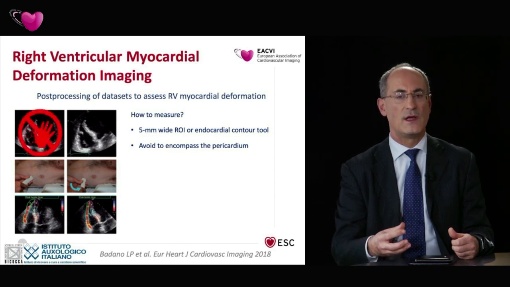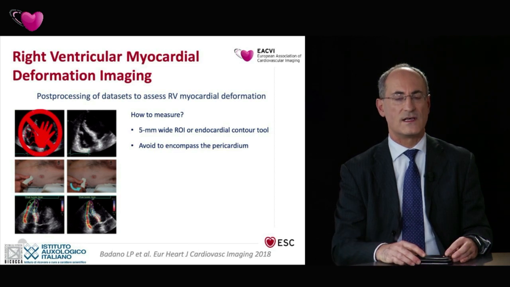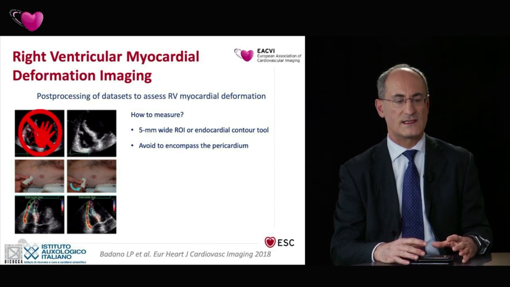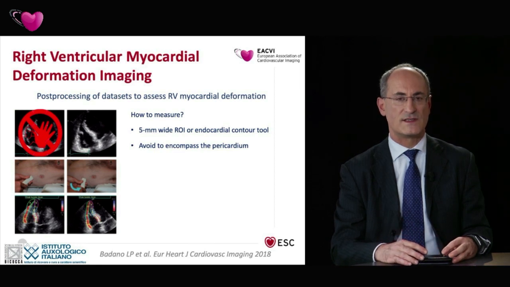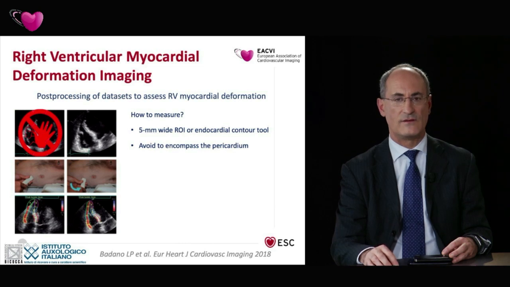What we should do is move the probe a little bit laterally compared to the classical 4-chamber view, more towards the right shoulder, to obtain a true right ventricular focused 4-chamber view. This is the only view that allows us to see the right ventricle in this larger area, and in almost all patients you have the entire free wall till the apex inside the view.